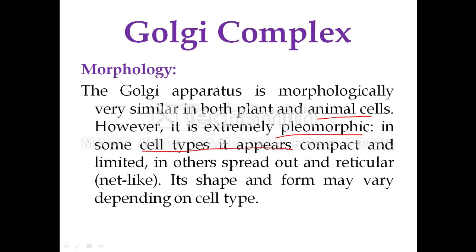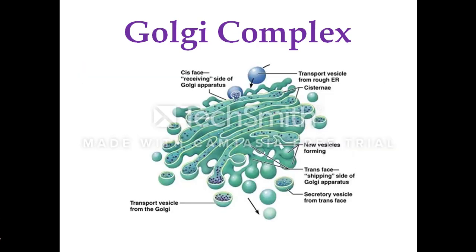A group of cisternae is called a dictyosome. A group of dictyosomes make up the cell's Golgi apparatus. All dictyosomes of a cell have a common function. The detailed structure of the basic components of the Golgi apparatus is described in the coming slide.